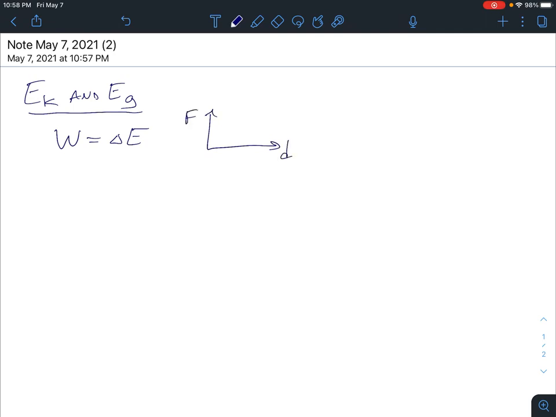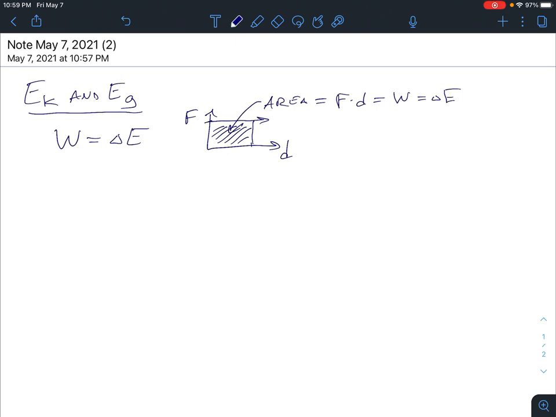So work is equal to a force times a distance. If we have a constant force, then this area here is force times distance. It's just a rectangle, equals work, which is equal to change in energy.